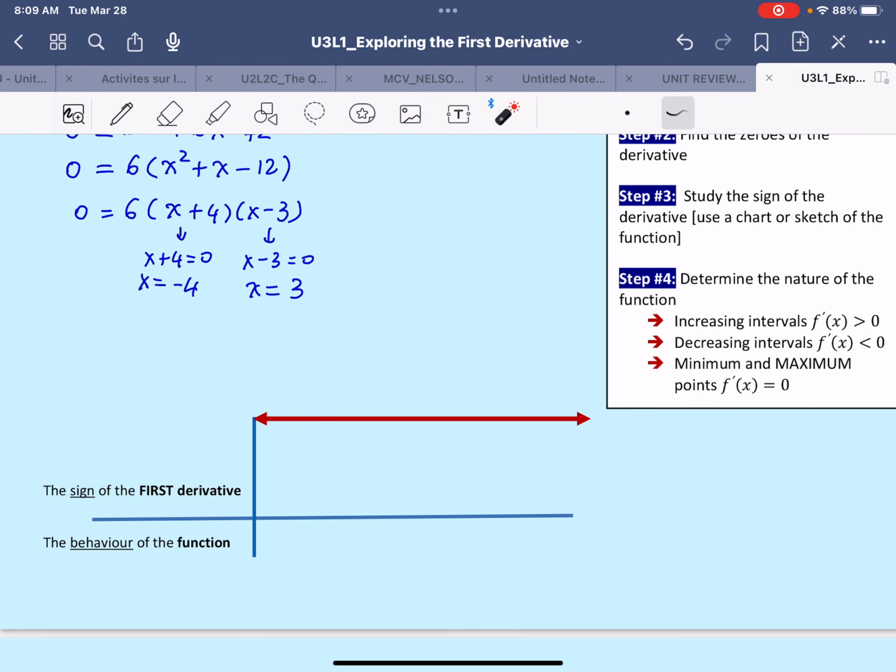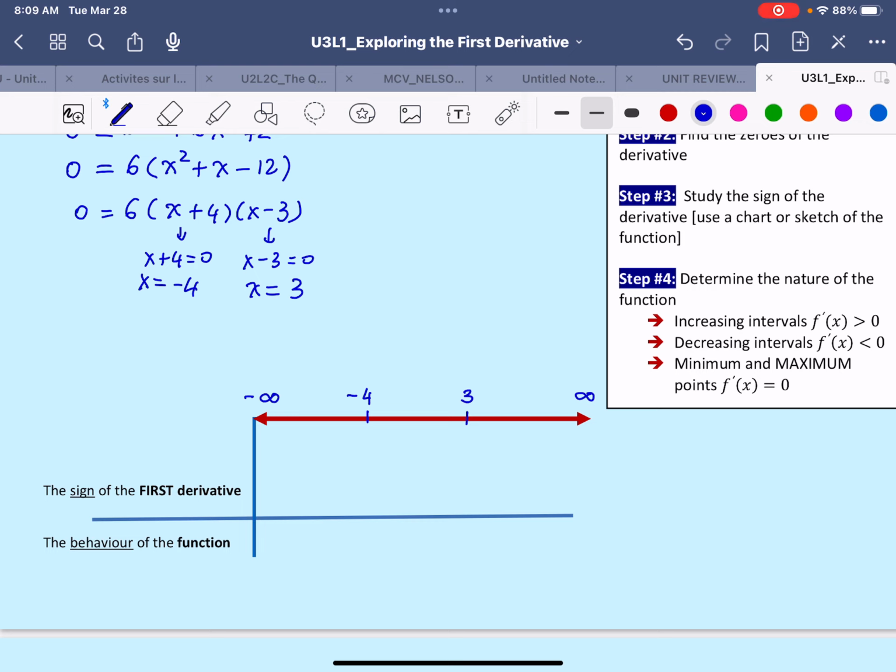So what we are going to do here is first number the number lines. So we have x between negative and positive infinity, and the zeros of the derivative must be placed in order, negative 4 and 3, not to scale.